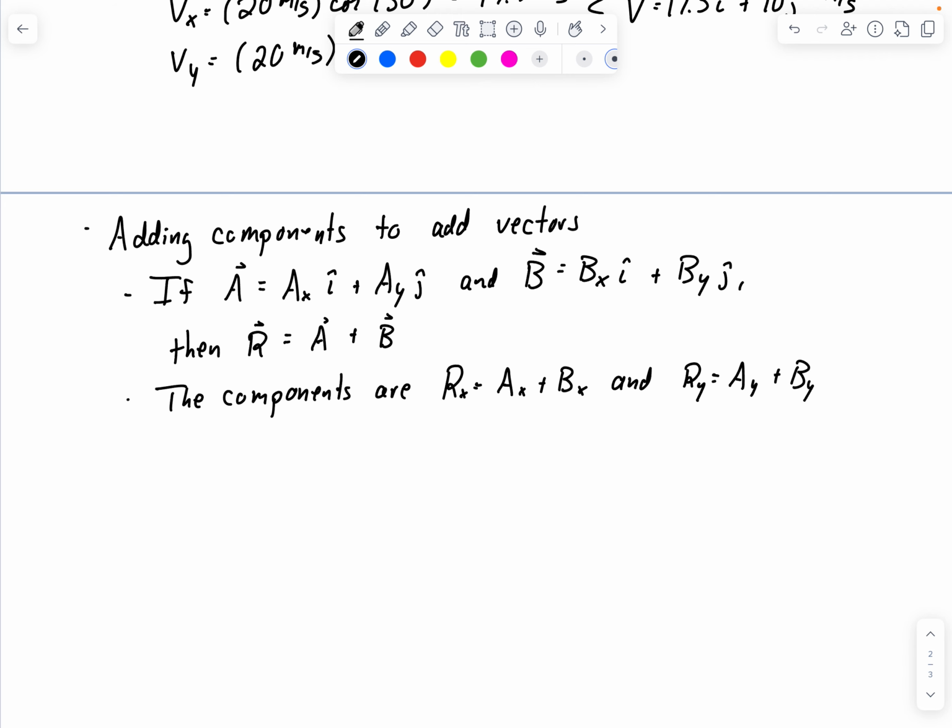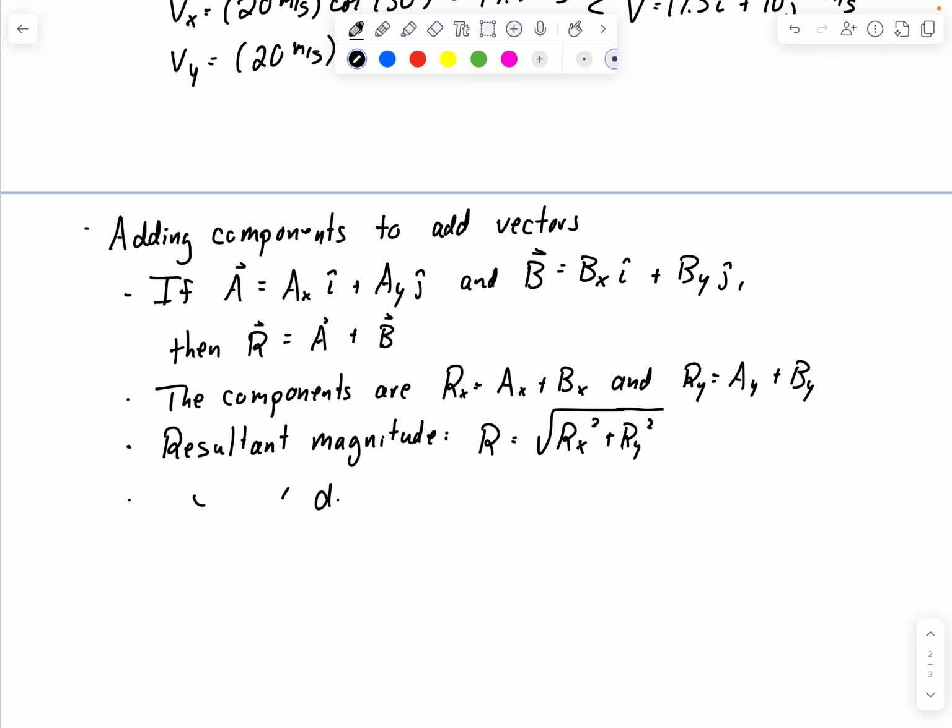If we want to then find the magnitude of that resultant, we would simply use the Pythagorean theorem and say R is equal to the square root of R sub x squared plus R sub y squared. And finally, the resultant direction we could find as theta is equal to arctan of R sub y over R sub x, and that is generally with respect to the positive x-axis.